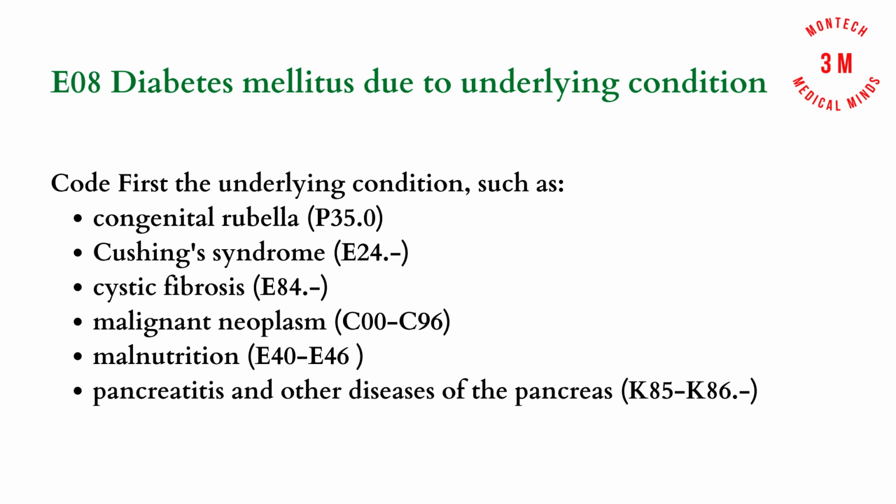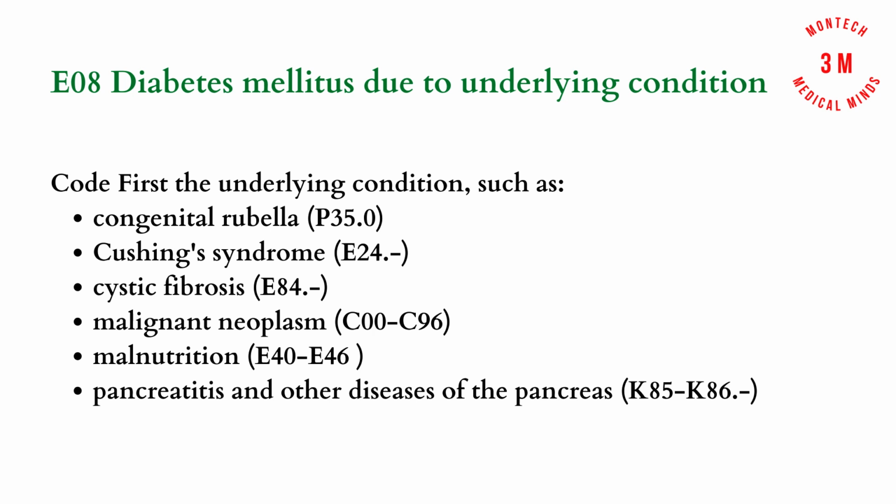These underlying conditions are as below: congenital rubella, Cushing's syndrome, cystic fibrosis, malignant neoplasm, malnutrition, pancreatitis and other diseases of the pancreas. Assign E08 category of ICD-10-CM code for secondary diabetes due to underlying condition.